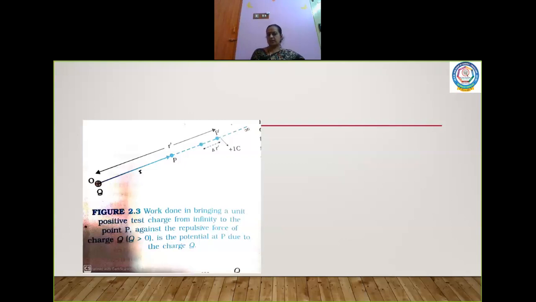Electrostatic potential is the amount of work done in bringing a unit charge from infinity, which is at a very far distance from the source charge, to a particular point. As far as this diagram is concerned, we will take the particular point to be P.